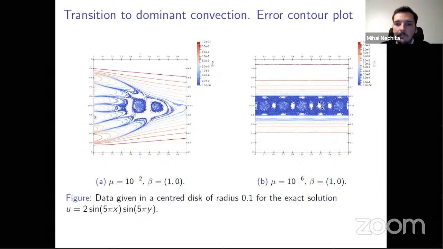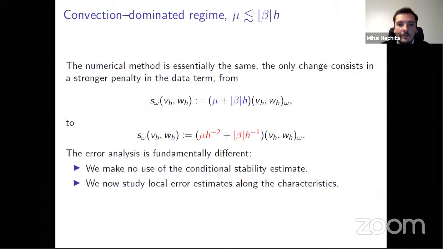However, in the perpendicular direction, the errors increase very fast. So this suggests that in the convection dominated case, a different kind of analysis would be suitable, where just because the stability constants would blow up exponentially in the Peclet number, one might not have a hope of having a good approximation in all directions, and should rather focus on obtaining better error estimates across the data region, both upstream and downstream.